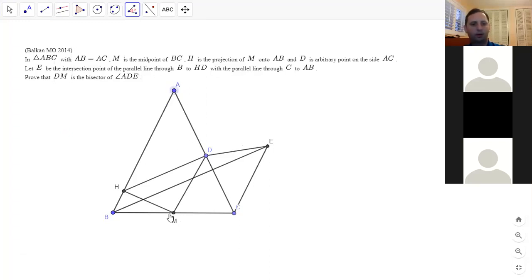Okay, so they're similar, but it's equal to angle DEM instead. Whoops. So that's angle DEM, and that should be equal to angle AMD. Yeah.